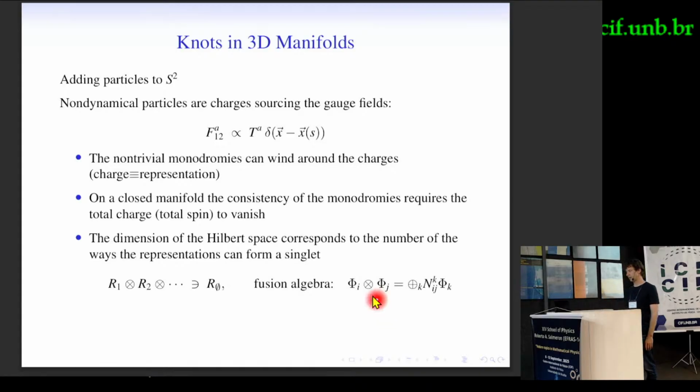A slight generalization of this is what is called the fusion algebra. This is a little bit more general than just the rules of adding angular momentum in quantum mechanics. You take a tensor product of representations and expand it in a sum of irreducible representations. What happens in Chern-Simons is that this is not in general the tensor product of spins, but of representations of quantum groups.